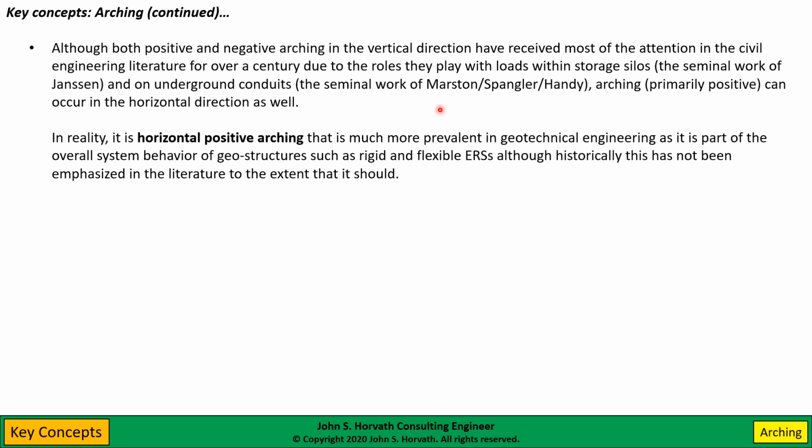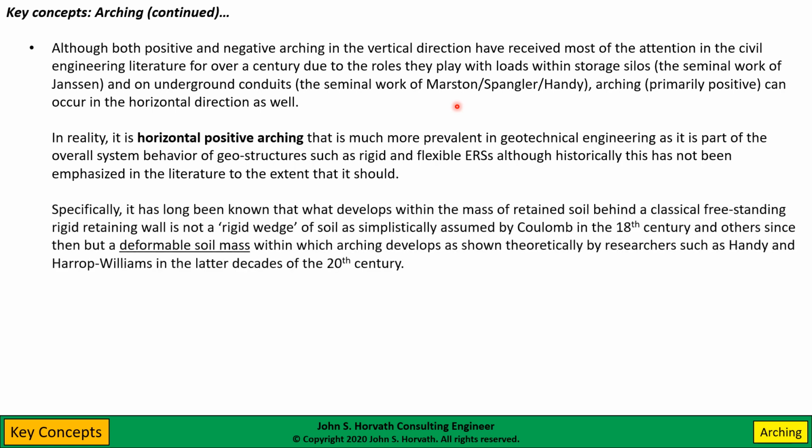It's been a part of the system behavior of a wide variety of geostructures, such as rigid and flexible earth-retaining structures, although this point has not been emphasized in the literature, at least to the extent that it should.